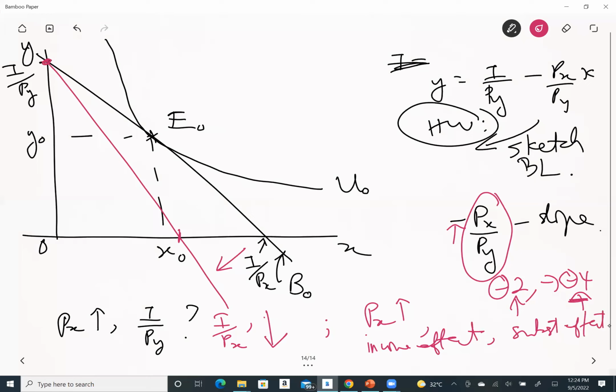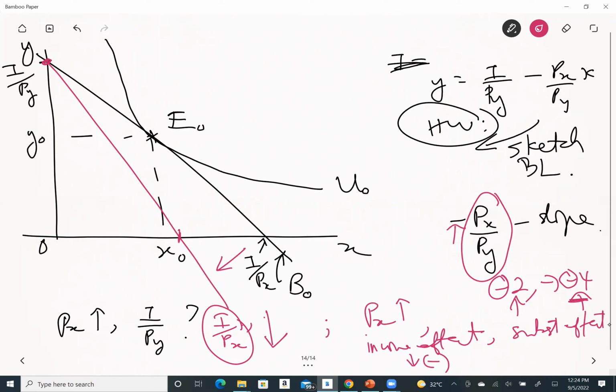One is income, one is substitution. Now look at the income effect, I over PX. What about your income after the price goes up? Income will be lower. So income lower, negative effect.